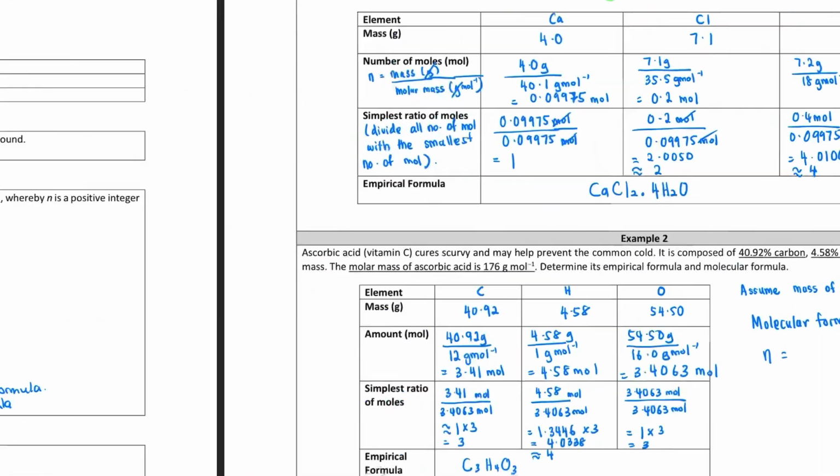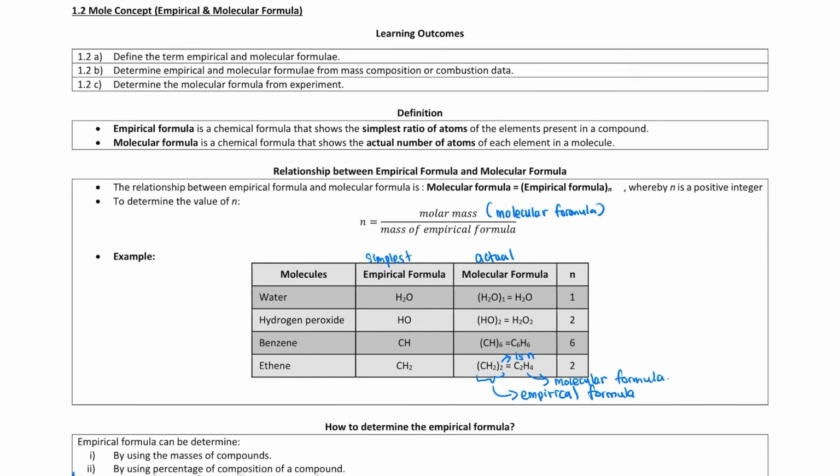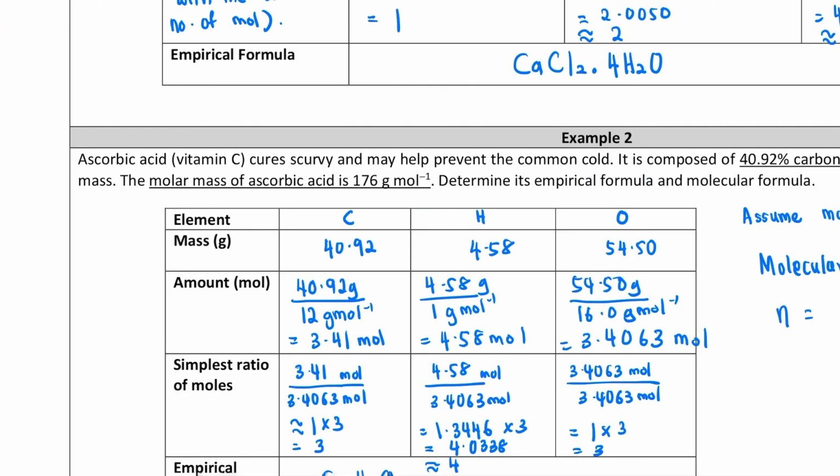For this one, refer back to this note. Over here we need to look at the molar mass of the molecular formula, divide with the molar mass of the empirical formula, then we should get n. So let's look at the data given earlier. Over here they gave the molar mass of ascorbic acid.